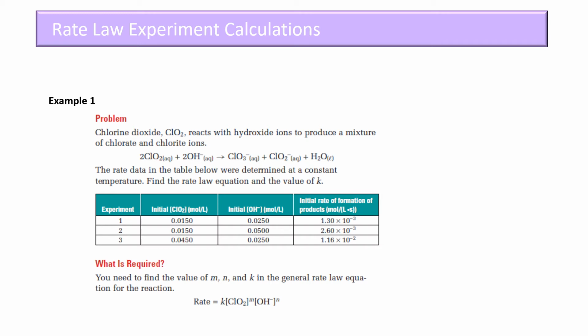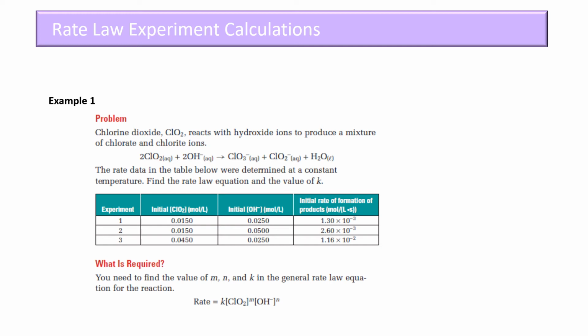Given the equation, 2ClO2(aq) plus 2OH-(aq) produces ClO3-(aq) plus ClO2-(aq) plus H2O(l). The rate data in the table below were determined at a constant temperature. Find the rate law equation and the value of k.